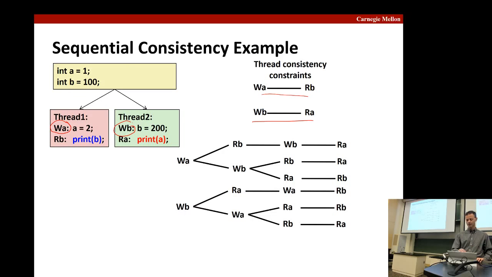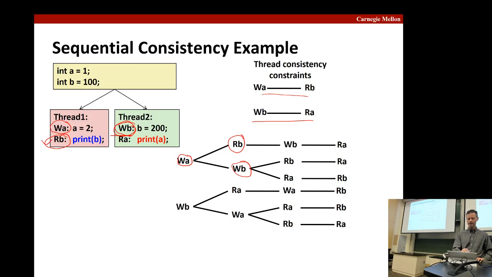Let's suppose the write of A was the first one to take effect. Then the write of B can go, and the read of B can go, but still not the read of A, because it's blocked by the write of B in this memory consistency model. Not in the real hardware, but in the model. So there are only two choices: the next thing that happens is either the read of B or the write of B.